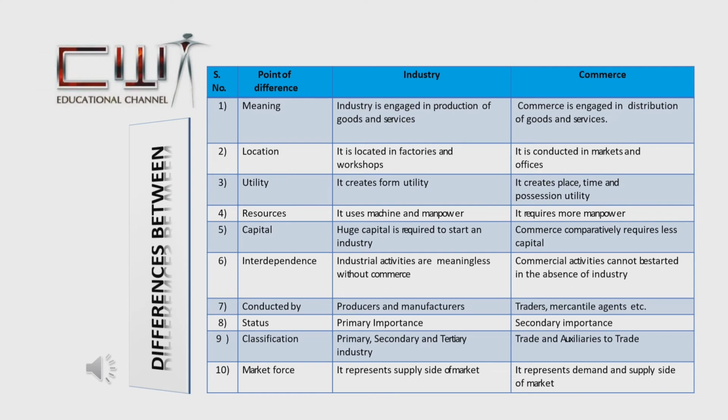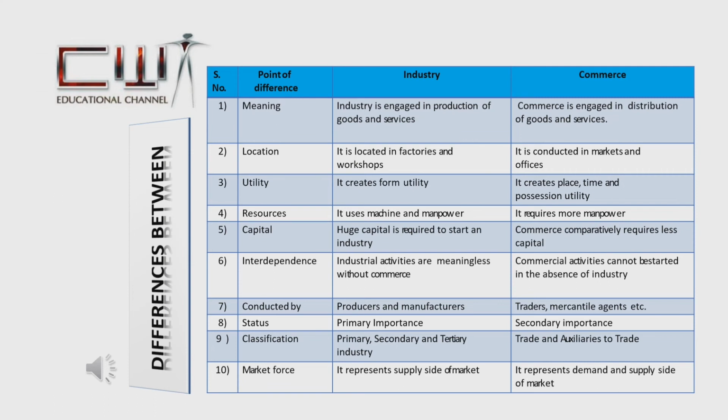Commerce is conducted in markets and offices. Industry creates form utility. Commerce creates place, time, and possession utility. Under industry, we use machine and manpower. Commerce will require more manpower.